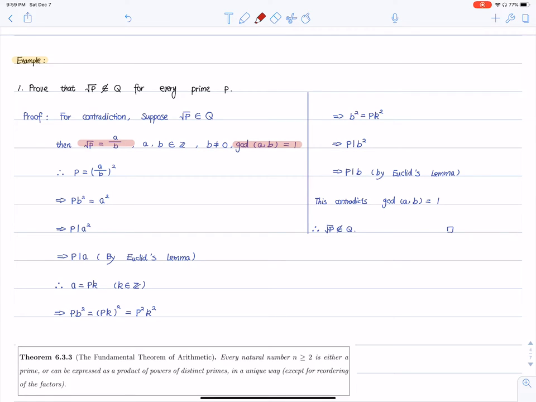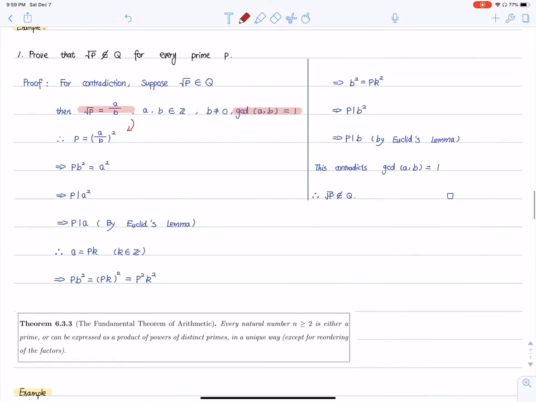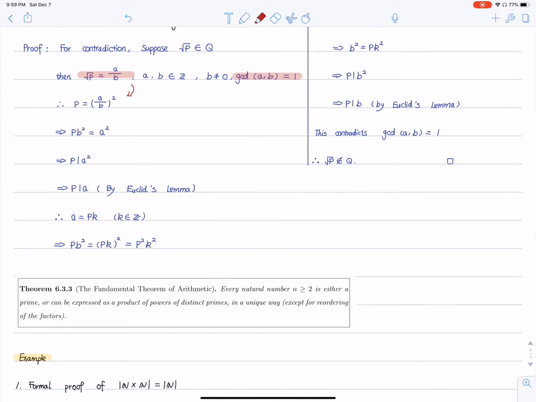Now, since you have this, you can square both sides. You'll get P equals A squared over B squared, and multiplying by B squared on both sides, you'll get this. This means P divides A squared, since P times an integer equals A squared.